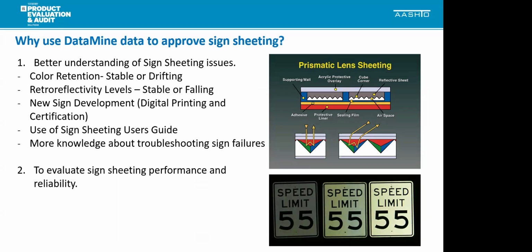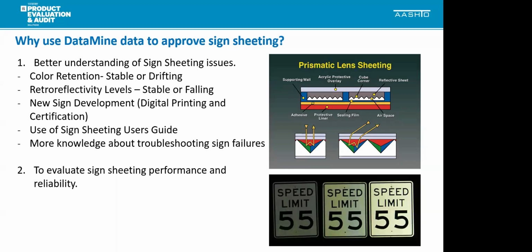And so some of you may be saying, well, what's the use of doing all this? Why couldn't you maybe just get a certification from the manufacturer? And that can be okay too. Some people do that. Some people want to do their own testing. But I think using this program will help you to understand sign sheeting issues, some of the basics behind sign sheeting. You can see a picture to the right about prismatic lens sheeting.